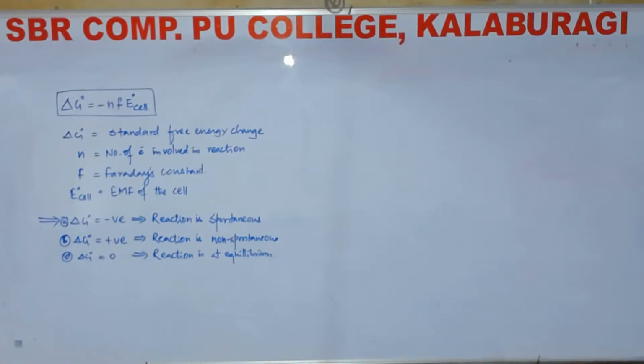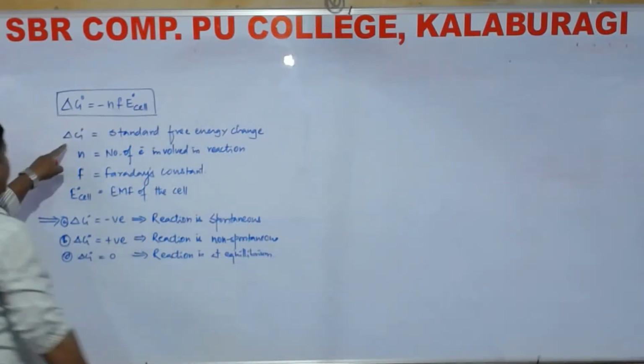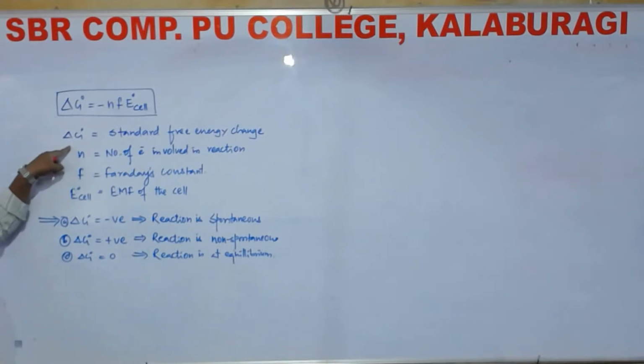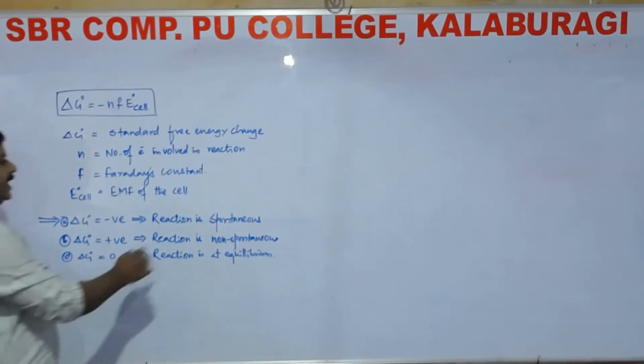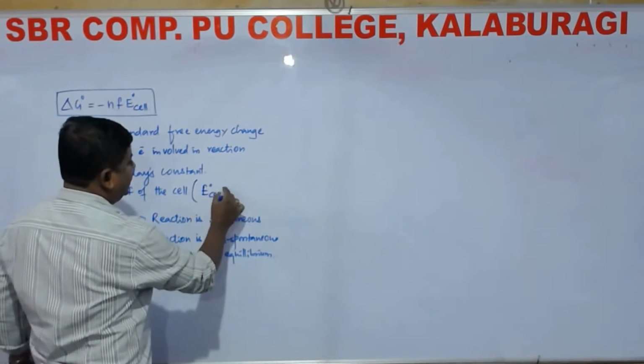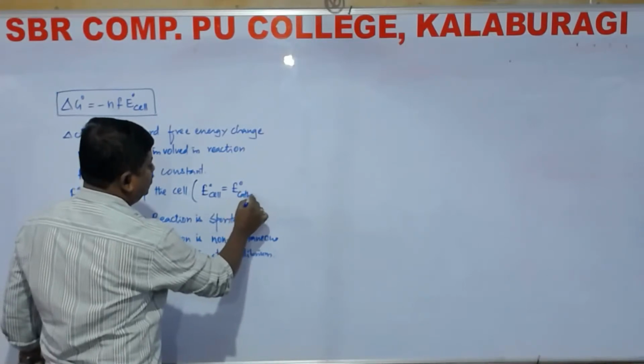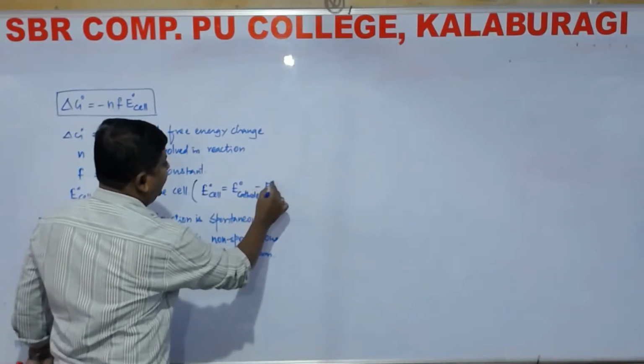If you have any doubts, clarify. What is ΔG°? Standard free energy change. n is the number of electrons involved in the reaction, F is Faraday's constant, and E° cell is the EMF of the cell, calculated as E° cell = E° of the cathode minus E° of the anode.